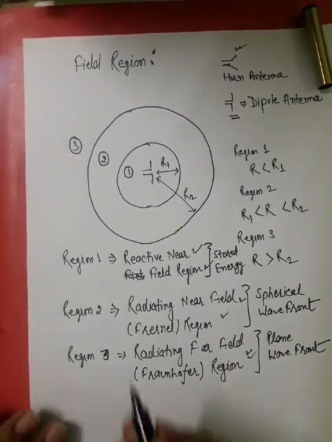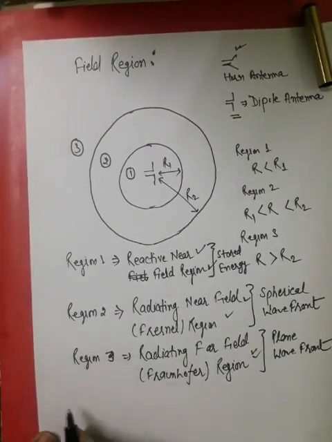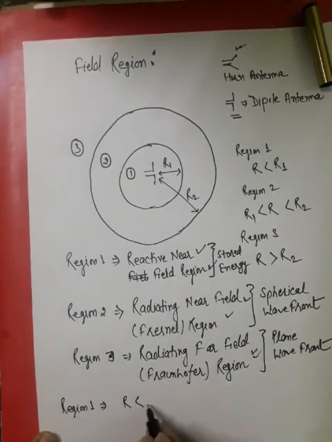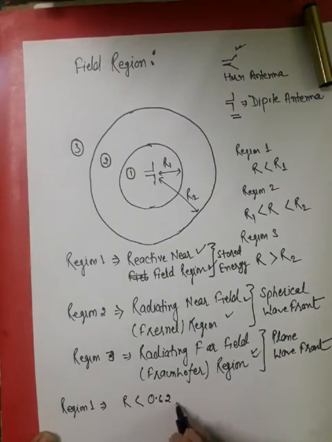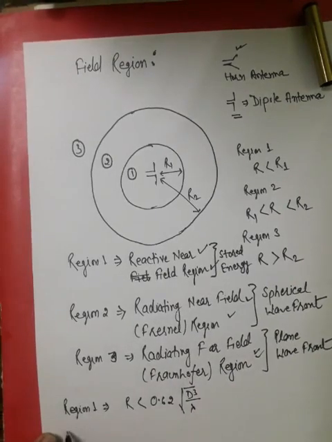If I have to write the distance for these regions, region 1: r is less than 0.62 root of d cube upon lambda.